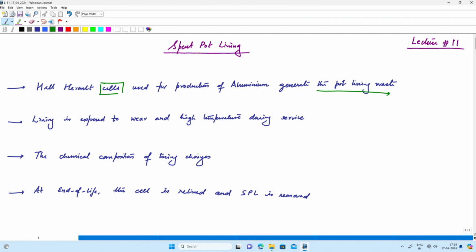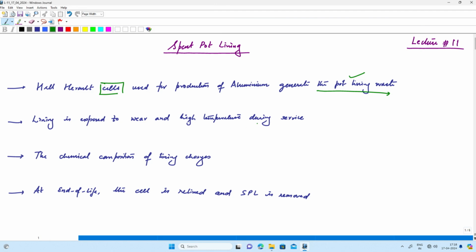It is during the Hall-Héroult process that these pot linings are used, and when the service of these pot linings comes to an end, they are discarded as wastes. The lining is normally exposed to wear and high temperature during service.